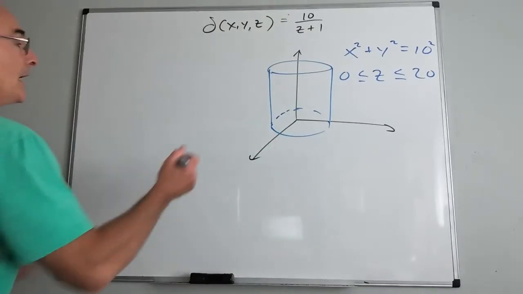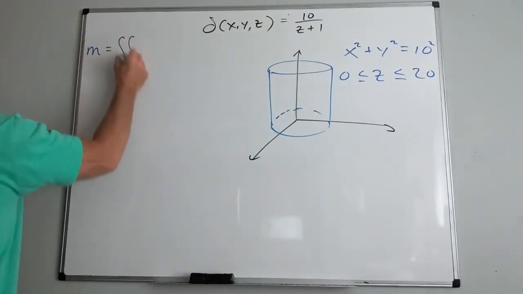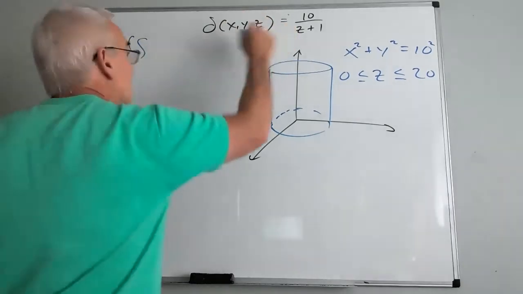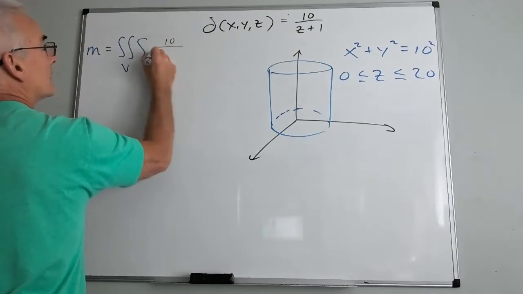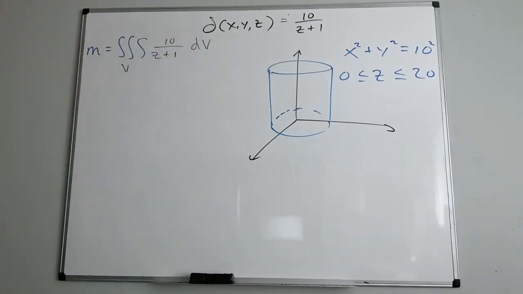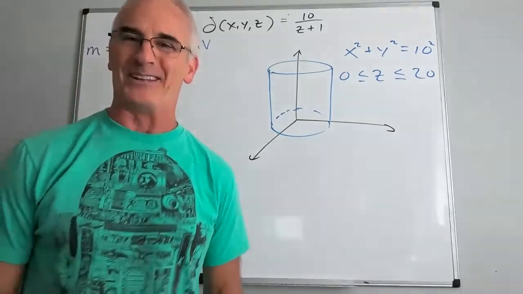Okay, so how do I find the mass? Little m. Well, little m is the triple integral over the volume of the density dV. Now, because this is a circular cylinder, I think it's pretty safe to say that we will use cylindrical coordinates.